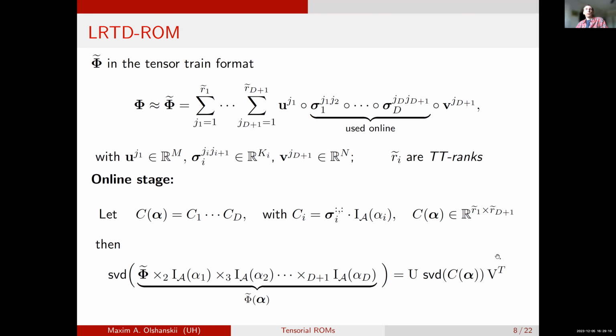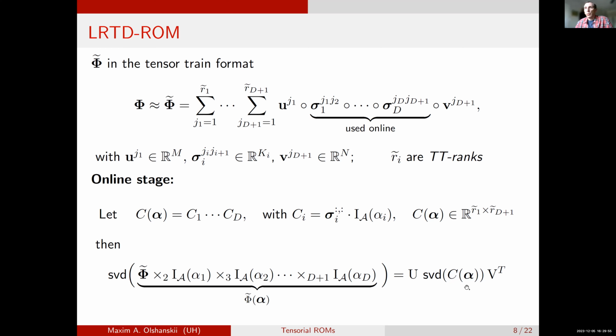It's very simple to show that the SVD of the convolution of the original big tensor in a low rank format with our interpolation vectors is the SVD of this small matrix multiplied by the matrices U and V, which consist of these vectors in the tensors, U on the left and V on the right.